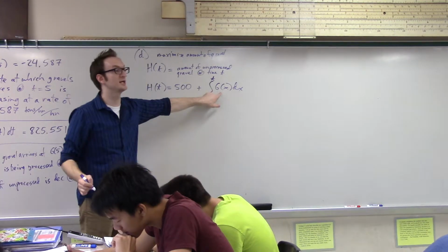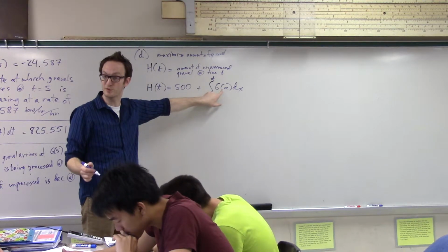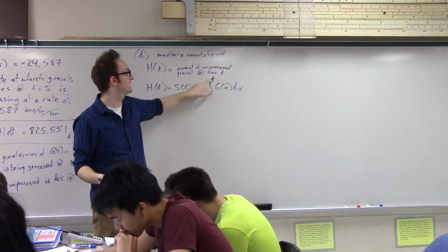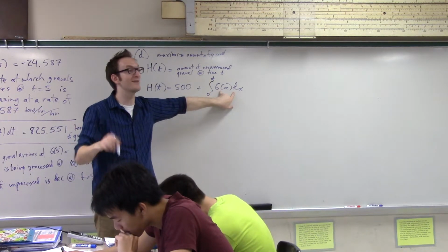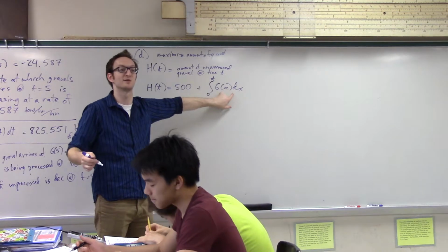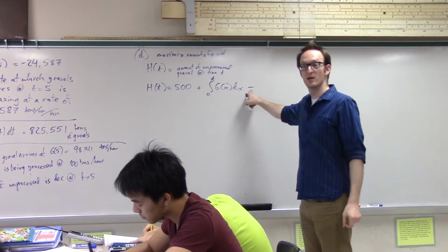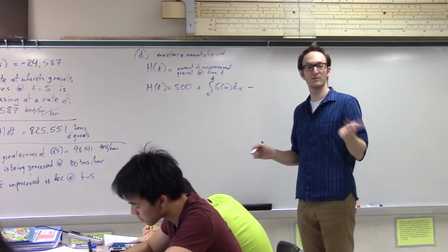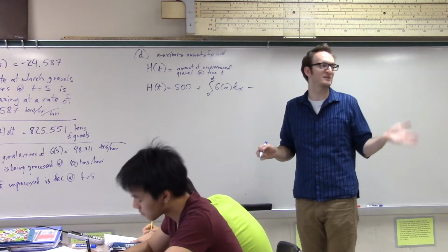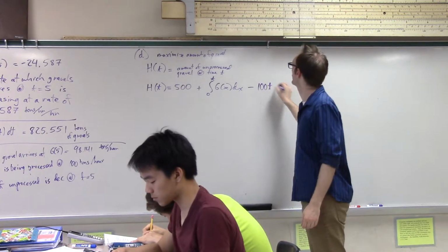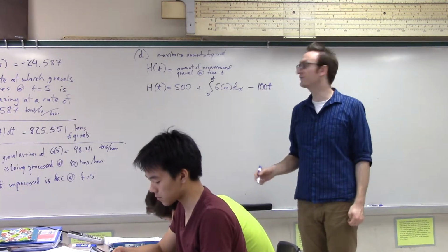Because remember, g is the rate at which gravel is arriving. So the integral from 0 to t of the rate at which gravel is arriving is the amount of gravel that has arrived. Follow? But then we also have to subtract out the gravel that's being processed. What's the formula for the amount of gravel that's been processed by time t? 100 times t, 100t.